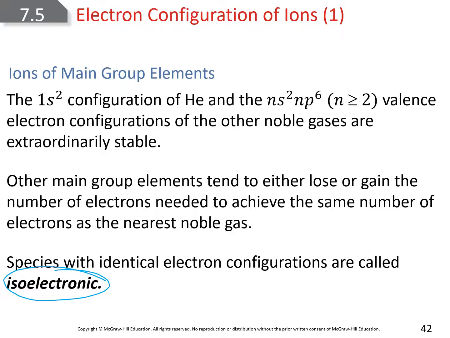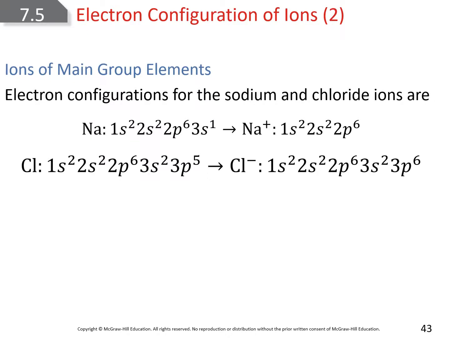Elements that are isoelectronic, first and foremost, are either a noble gas and a cation or anion. Because they become a cation or anion, they gain or lose electrons and therefore have the exact same electron configuration as a noble gas. So two things that have the same electron configuration are isoelectronic.